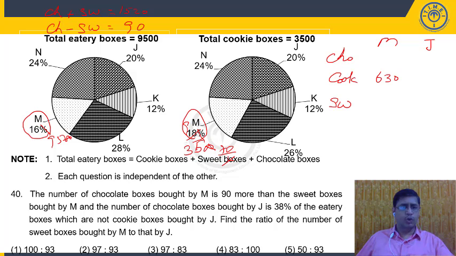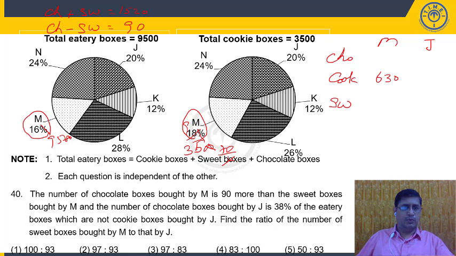Okay. So 16 into 95, 144, five times 60 is 80. Okay, so the value. What are the sweet boxes? Now the sum of the values is equal to 1520, the difference is equal to 90.